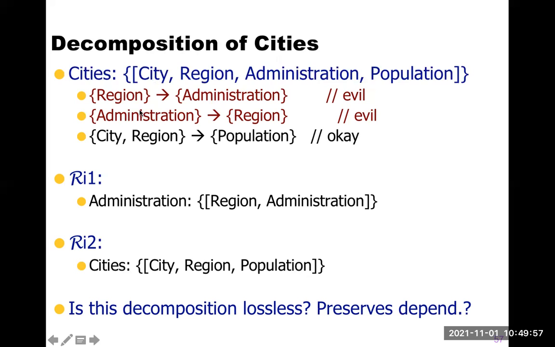So let's check this table: region to administration. Region is a key, great. Administration to region: administration is a key, great. City, region to population: city and region is a key, okay. So that's it. We just need to check only functional dependencies.